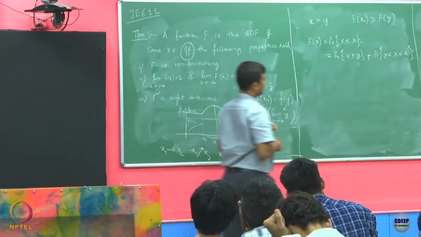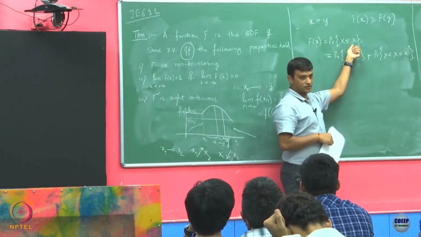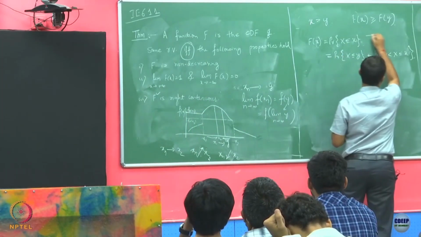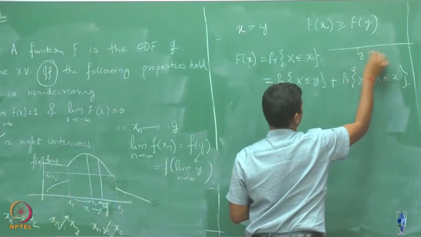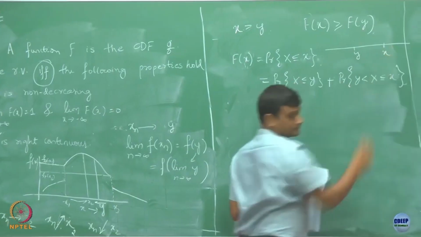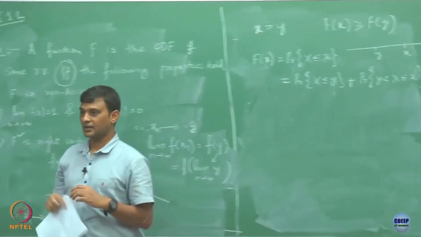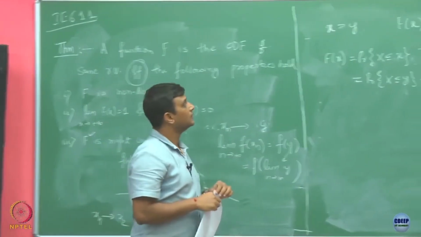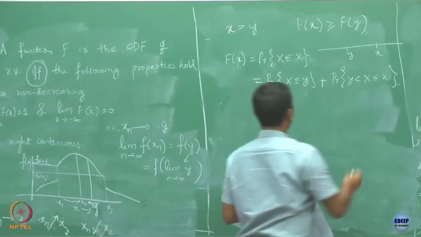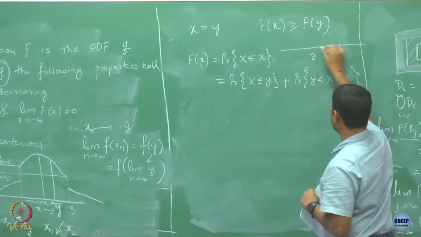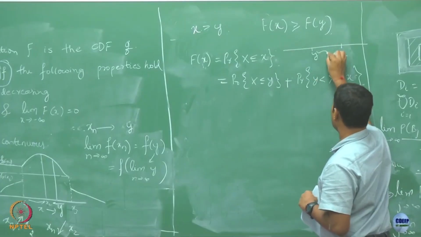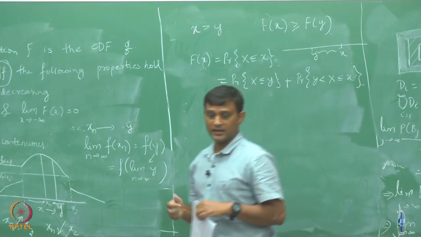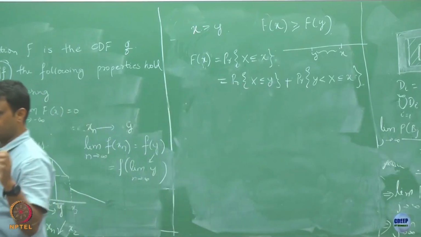The way I have done it, first comes y, then comes x. So the probability that X takes a value less than or equal to x is the same as the probability that X takes a value less than or equal to y, plus the probability that it takes a value between y and x.